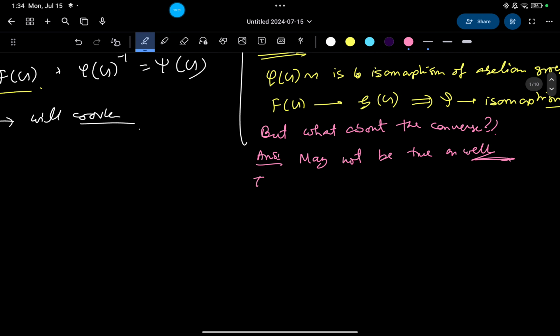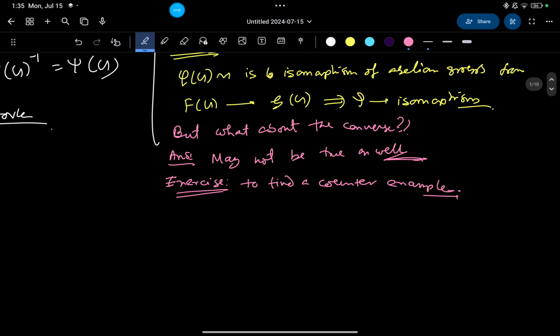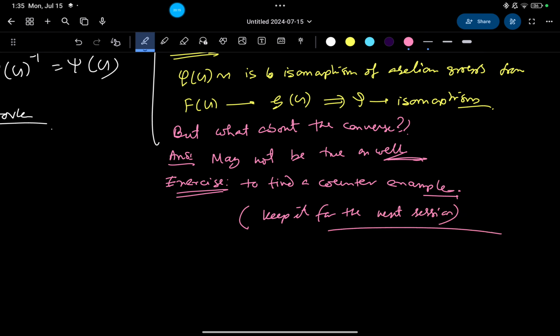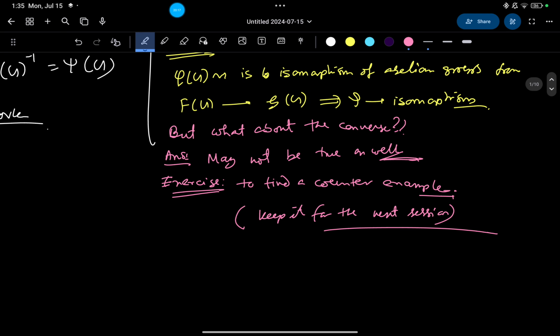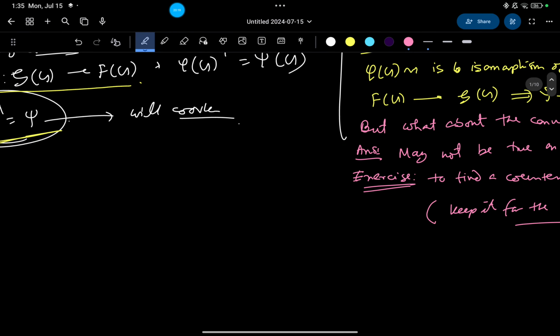So your exercise is to find a counterexample. If you can't find it, let us keep it for the next session. I want you to try it on your own once, then we will discuss it in the class.